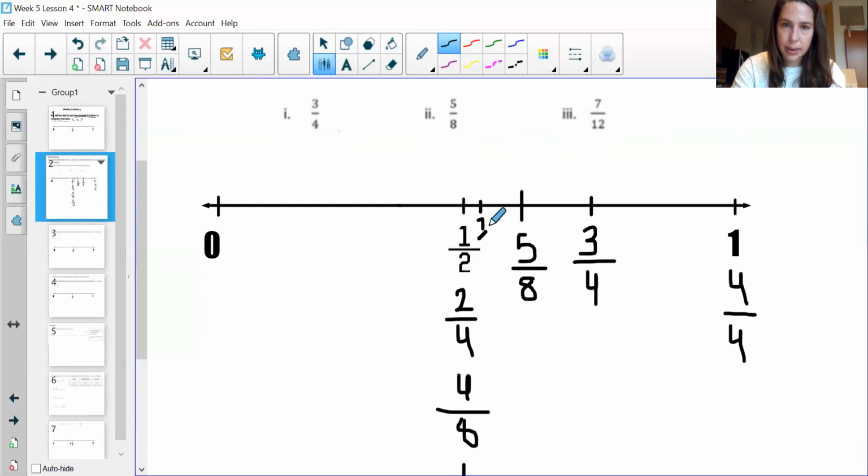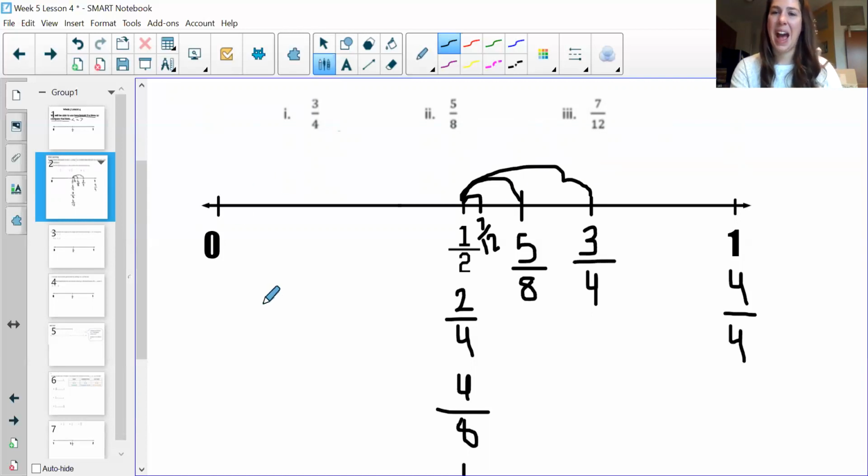Let's see if I can do it. 7/12 is really close to 1/2 because a 12th is so small. So this is just 1/12 away. This is 1/8 away, and this is 1/4. Ooh, 1/4 away from 1/2. So that's one way that you can think about it.